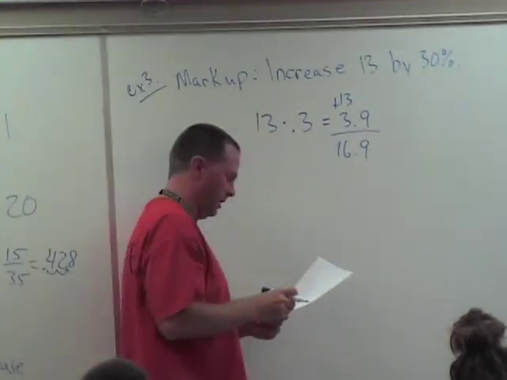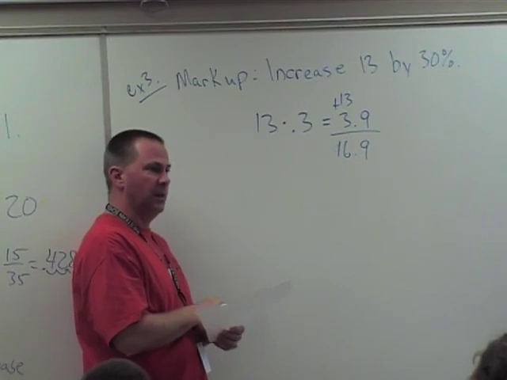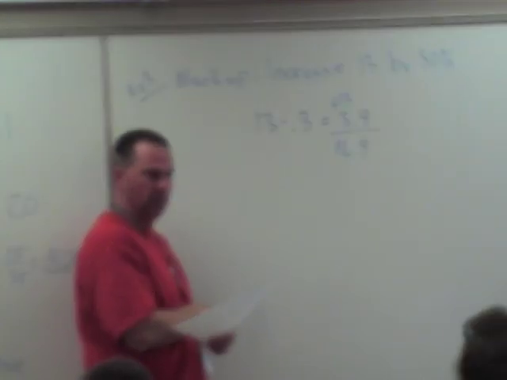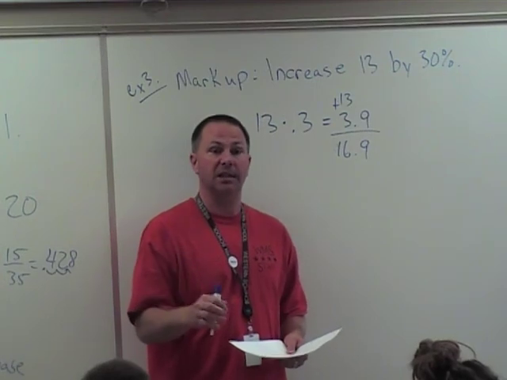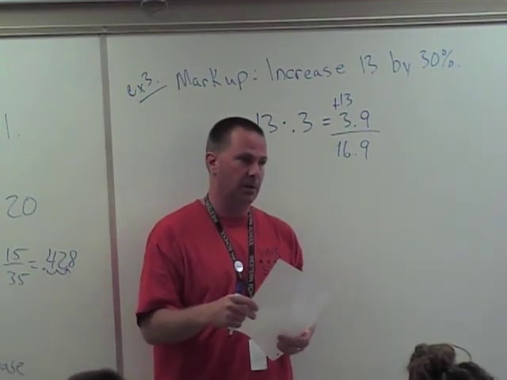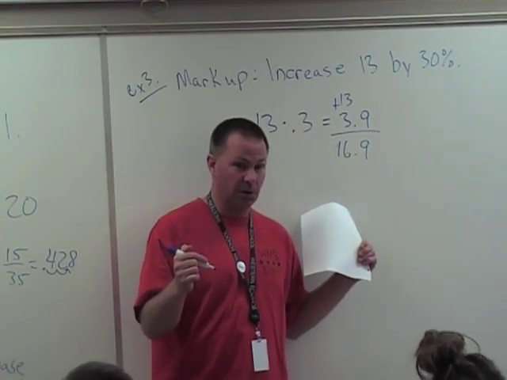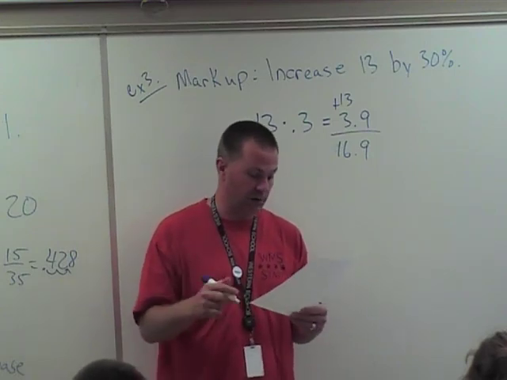So that would be the total that you would be spending. If I just wanted to know the markup, what is the markup? 3.9. So make sure when you're doing your problems that you read what it's asking for. If it wants the total, then you've got to add it back in. If it just wants to know the markup, just give me what the markup is. Or in the next example, discount or markdown.